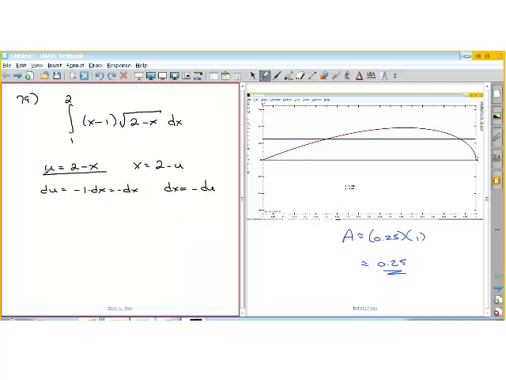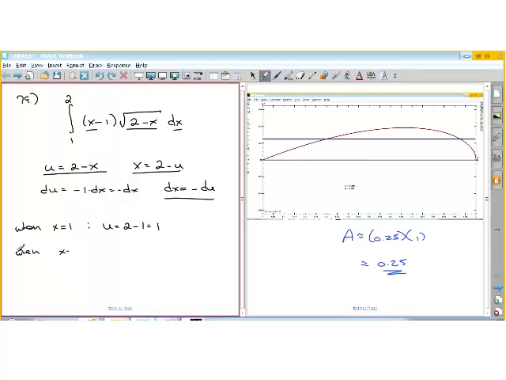So using this substitution for here, this substitution for there, and this substitution for there, we can rewrite the original integral, but we also have to redefine the limits. When x equals 1, what does u equal? Well, we just write the equation out. U is 2 minus 1, which is 1.